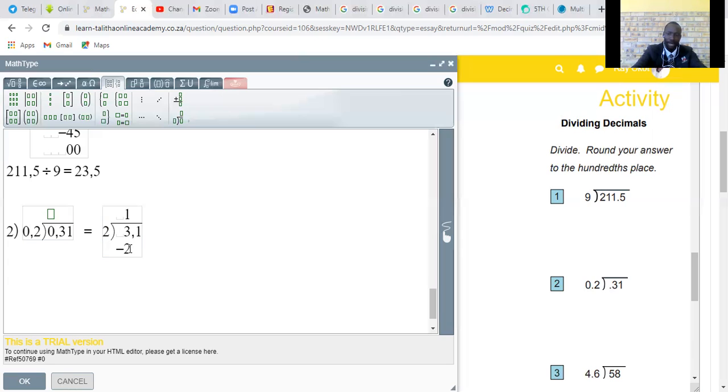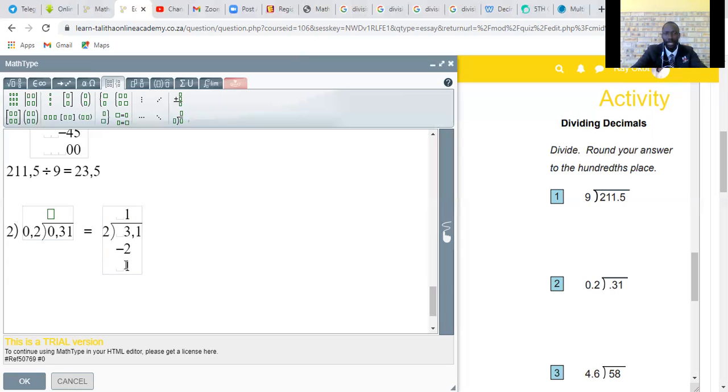What do we get for 3 minus 2? We get 1. Now the problem here is that 1 cannot be divided by 2.